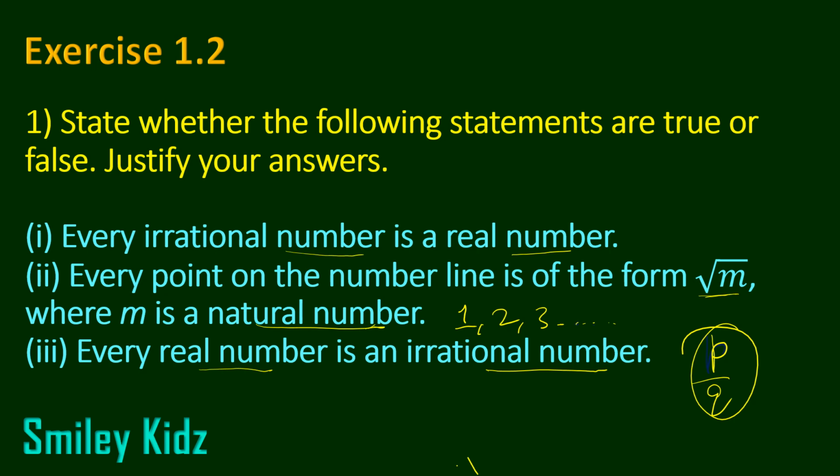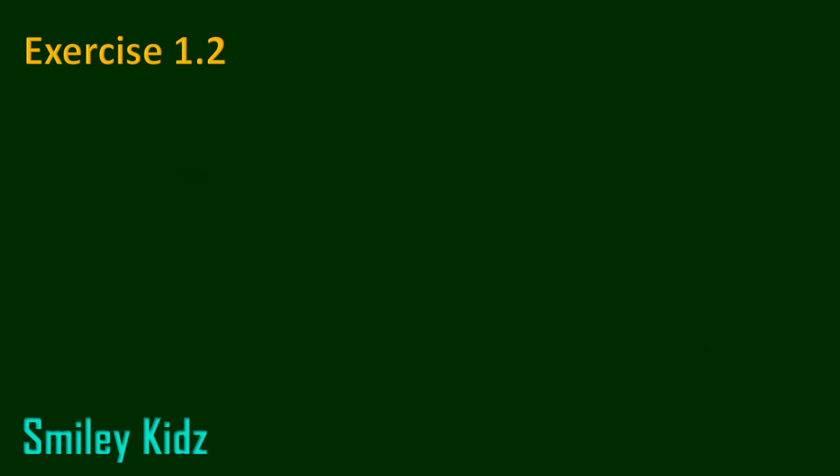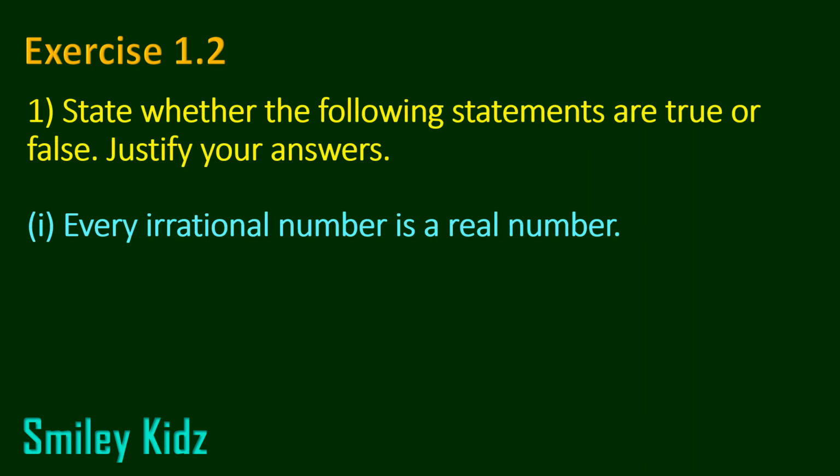Let's see each one in detail. Statement 1. Every irrational number is a real number. What are irrational numbers? The numbers which cannot be expressed in the form of p by q, right? That means all the irrational numbers are non-terminating and non-recurring. So it says that every irrational number is a real number.